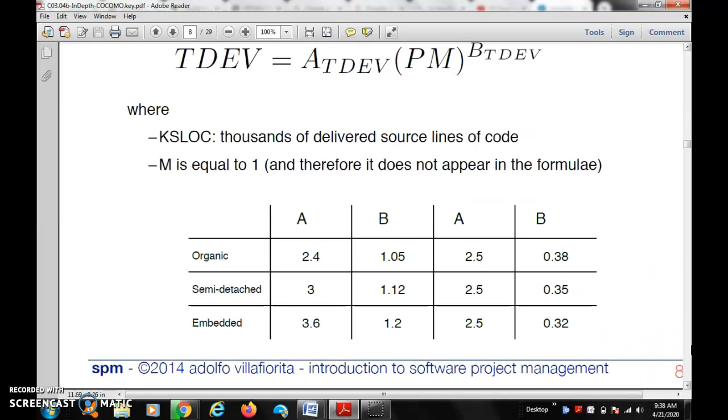For organic, A is 2.4, B is 1.05, then C is 2.5, D is 0.38. Semi-detached: 3, 1.12, then 2.5 and 0.35. Embedded: 3.6, 1.2, 2.5 and 0.32.